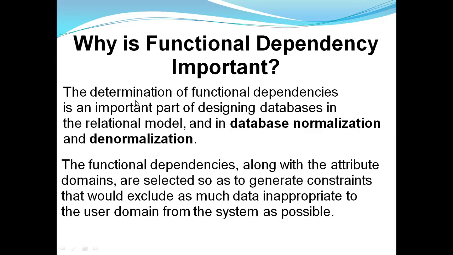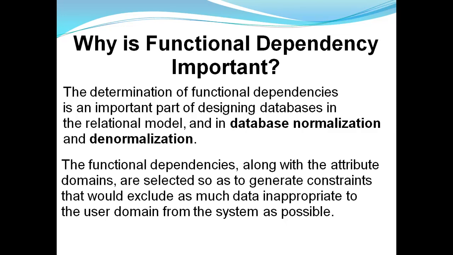The determination of functional dependency is an important part of designing the database in the relational model because it helps us in normalizing and denormalizing the table. Normalizing means breaking the table. Denormalizing means joining the table. Functional dependency along with the attribute domain are selected to generate constraints that would exclude as much inappropriate data to the user domain from the system as possible.